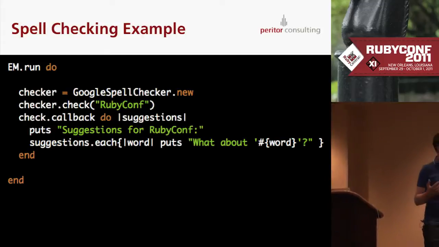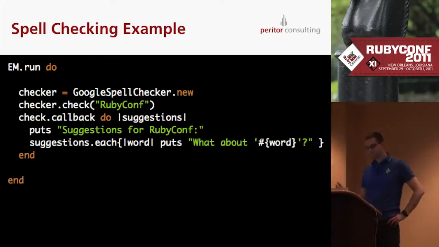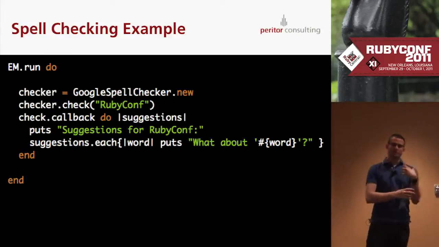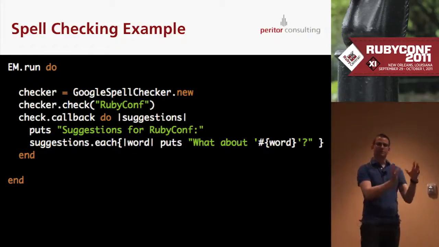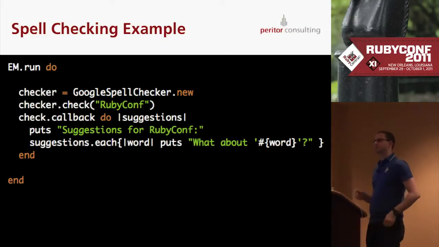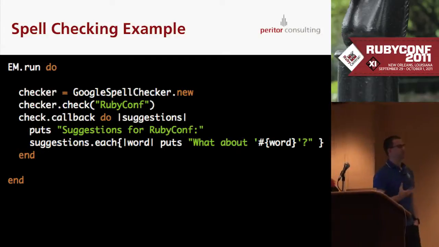Because I of course use the asynchronous HTTP library, if I were to do it myself, I would make a call to Google, register my callback, and then parse the result and so on. So this class abstracts all this logic away from us. And using deferrables, I can use it like a built-in event machine library.